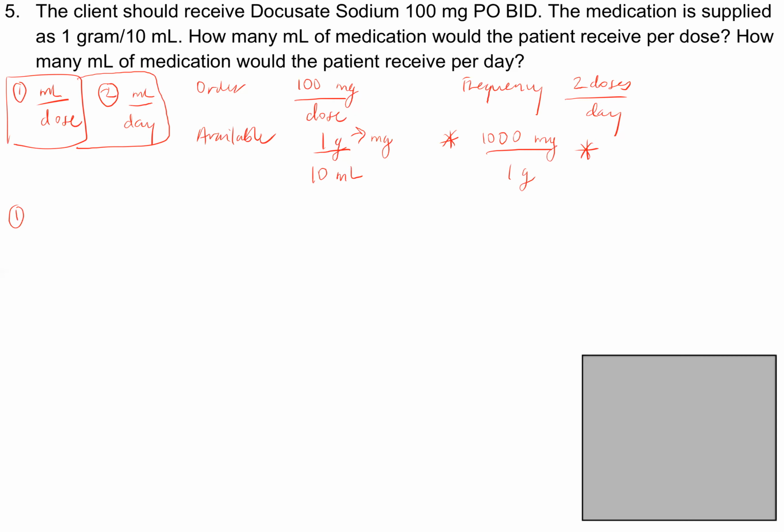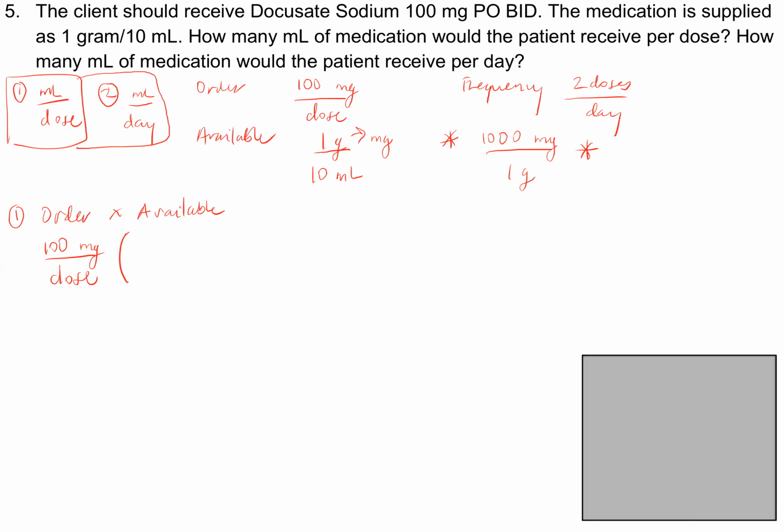So the first part, you can do it this way: first order times available. So you have 100 milligrams per dose, which you want dose in the denominator. We want to cancel out the milligrams.